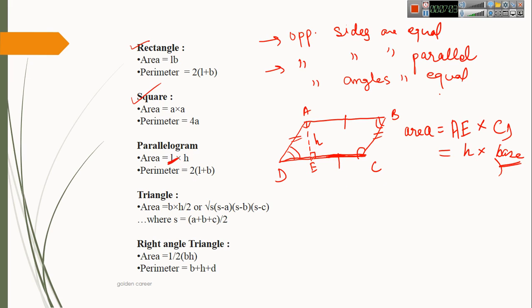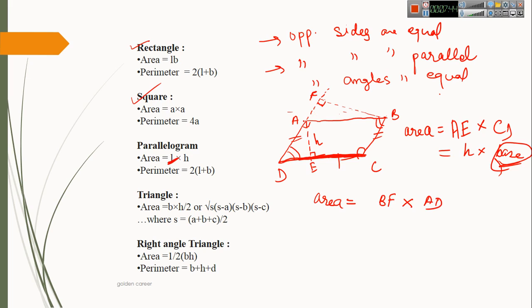Please keep in mind that the side on which we drop the perpendicular is the side which should be mentioned as the base. If we drop the perpendicular from B like this, and extrapolate this region, in this case the area will be equal to BF into AD.